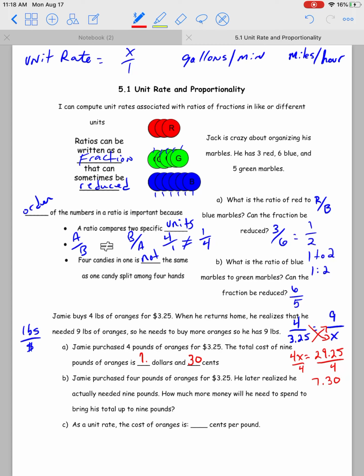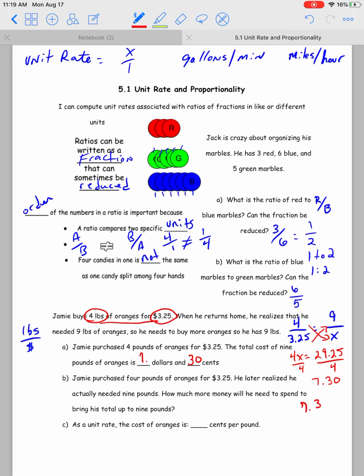Jamie purchased 4 pounds of oranges for $3.25. He later realized that he actually needed 9 pounds. How much more money will he need to spend to bring his total up to 9 pounds? Remember that a total of 9 pounds was $7.30. But we already purchased 4 pounds.